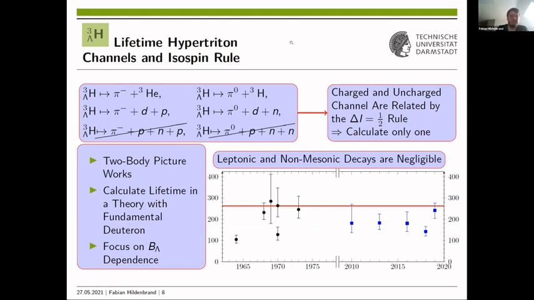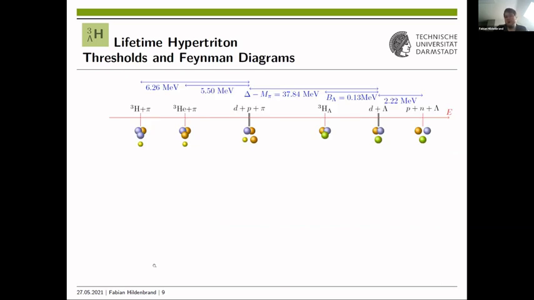And how do we do that? We look at the system, and we have different thresholds involved here. The basic starting point is you have a proton, a neutron, and a lambda, and then you put them together in different ways. Then you have the deuteron plus lambda particle. Here's the hypertriton. And then you have different thresholds with different separation or binding energies.